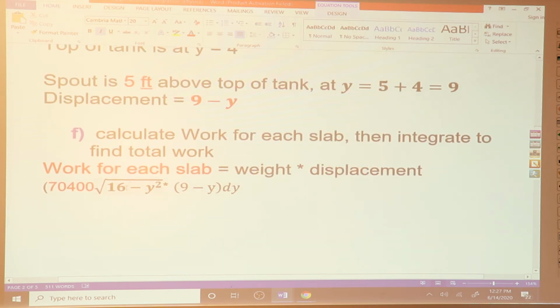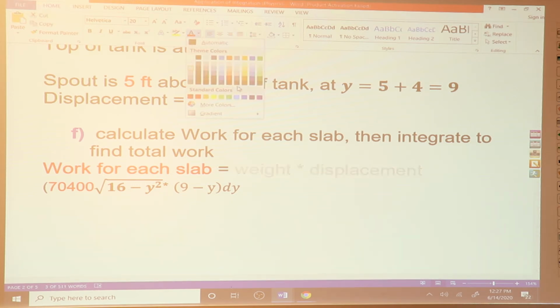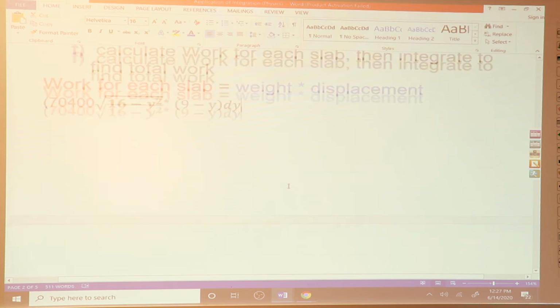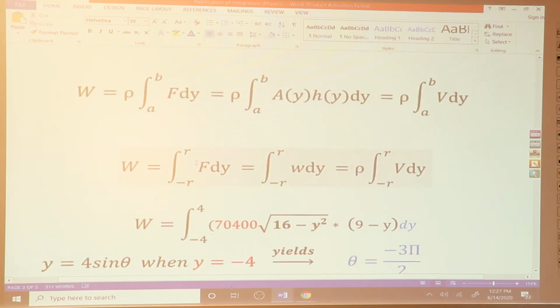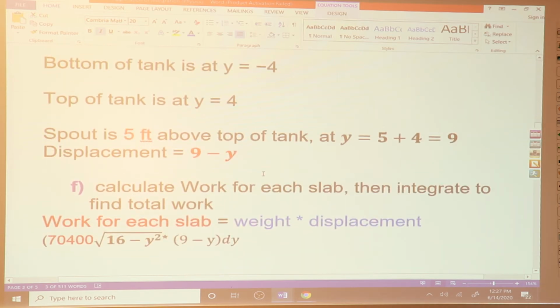Then the work of each slab is the weight times displacement. Good? And I gave you the two formulas. In my case, I will not use this. F is the weight, the force here is the weight, and rho v, and the v I already found here, the volume.